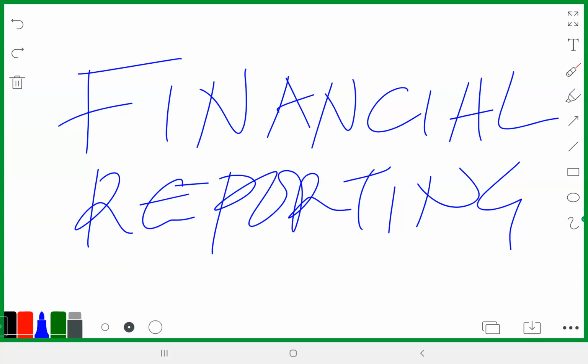To start with, financial reporting is one of the key and fundamental courses that we have in accounting, covering a lot of the concepts. Let me be quick to indicate that in financial reporting, you are building on top of the key courses that you covered during the early stages of your training as an accountant.